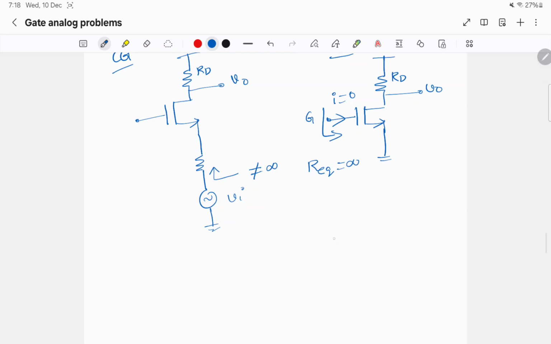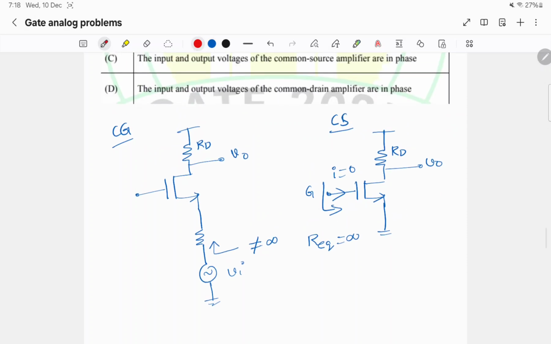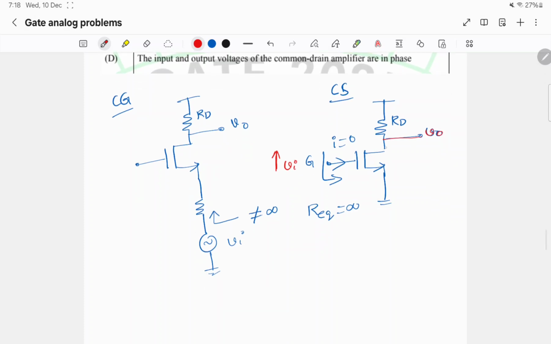Let us say I have Vi here and V0 here. If I increase this node potential, the current flowing will increase. Vi increases, which implies Gm VGS increases, and V0 is minus Gm Rd times Vi.